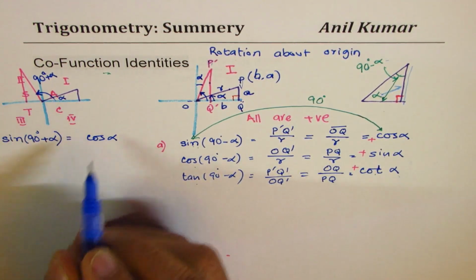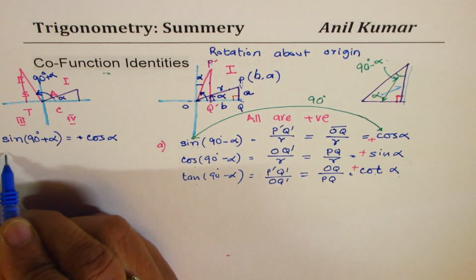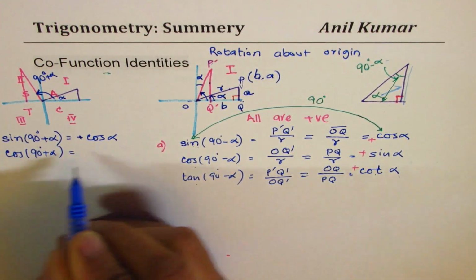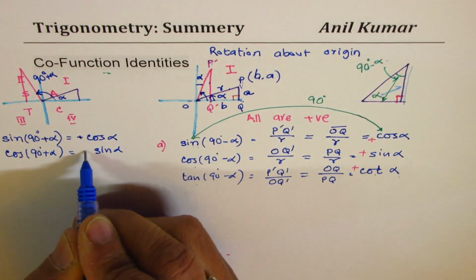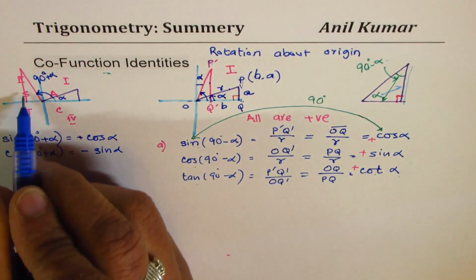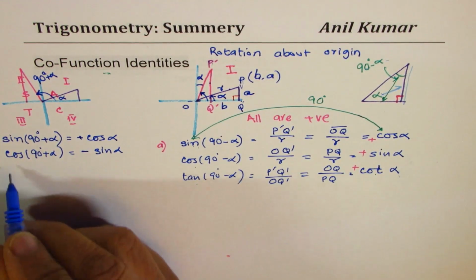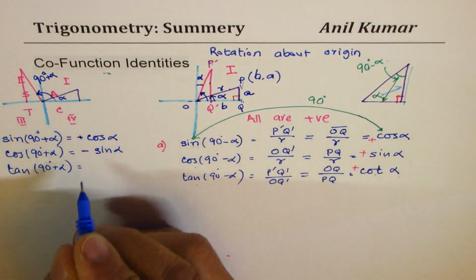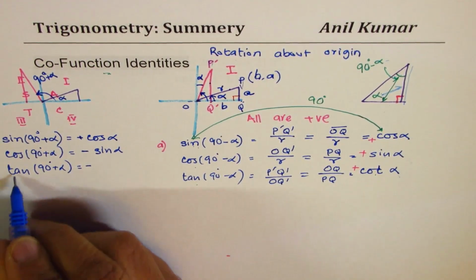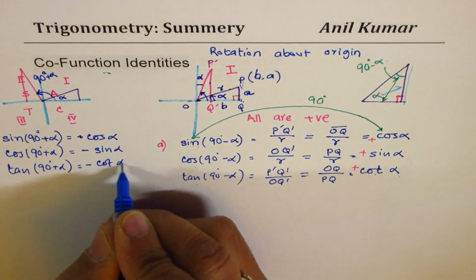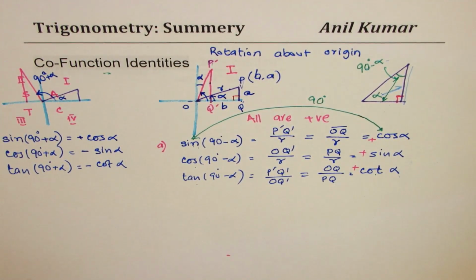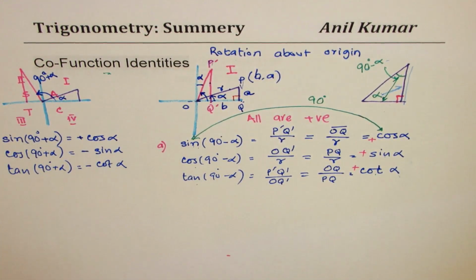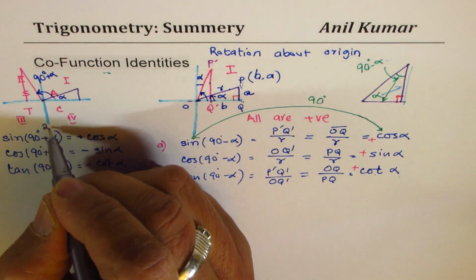Since sine is positive, this will remain positive. But if you're looking for cosine of 90 degrees plus alpha, that changes to sine. However, the sign should be negative because cosine is negative here. For tan of 90 degrees plus alpha, tan is negative, so I should get a negative value, but tan changes to cotangent. You get another set of formulas. Now let me continue with 90 degrees, and this time I will do it for 270 degrees.